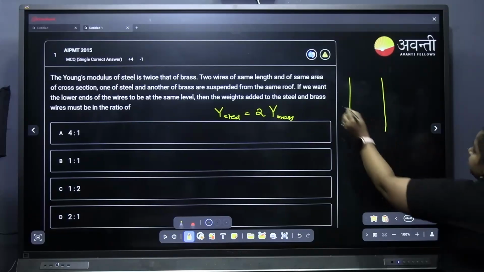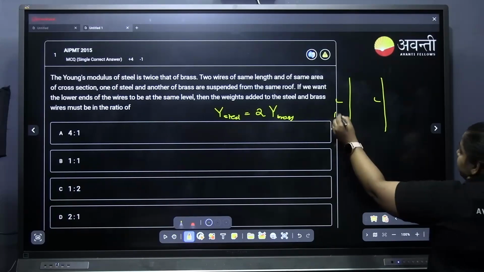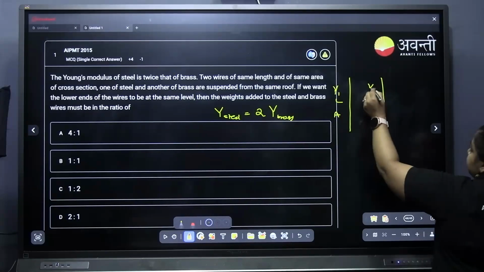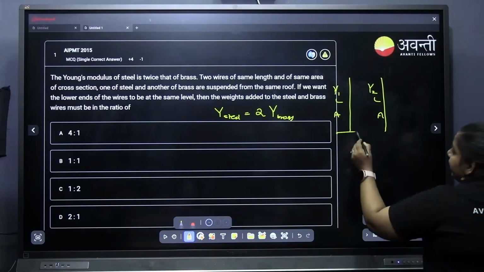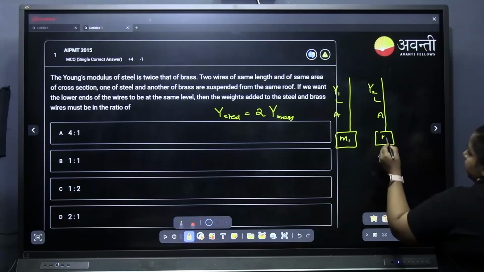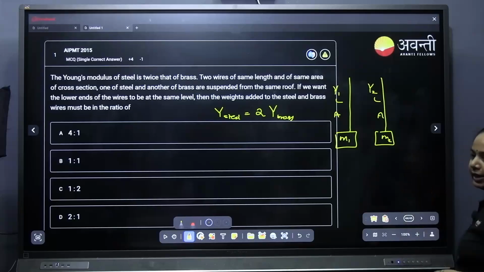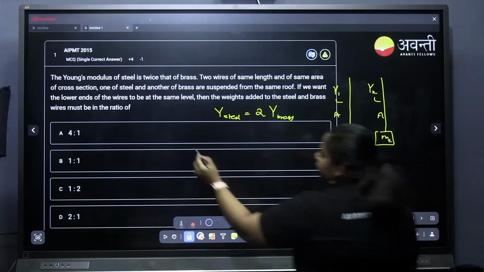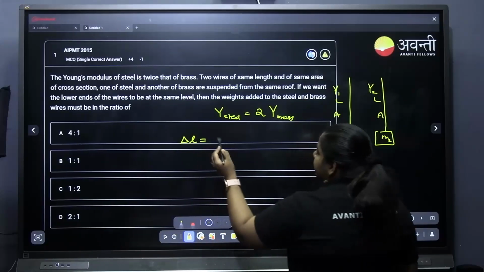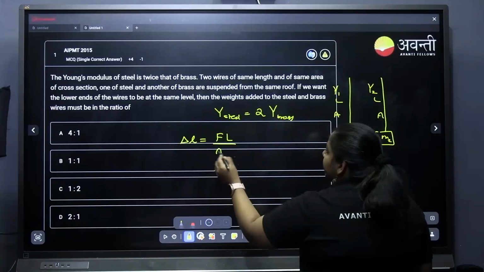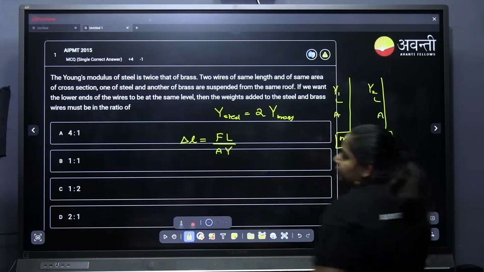So both have the same length, same area of cross section, but a different Young's modulus. We are hanging some weight M1 here, mass M2 here, and the final length should be the same. Delta L should be the same. Delta L has the equation that is equal to FL by AY.